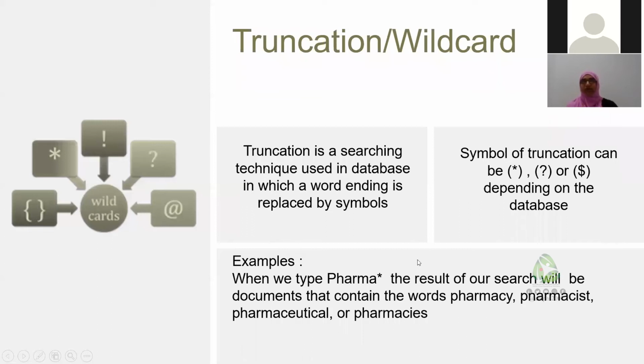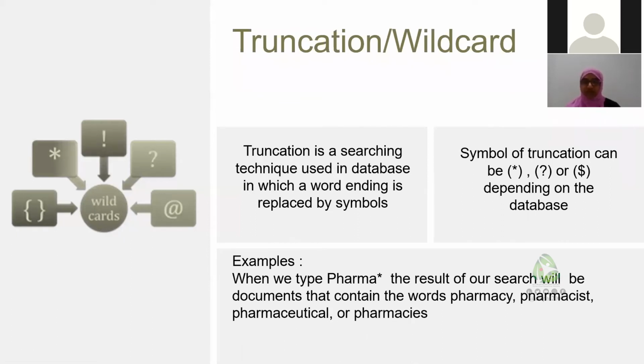So rather than writing a search, say you want to search any word that relates to pharmacy, like pharmacy, pharmacist, pharmacies. Rather than writing all these words, you can write pharma and use one of the symbols according to the database that you're using, and the result of the search will document any word that contains pharmacy, pharmacist, pharmaceutical, or pharmacies.